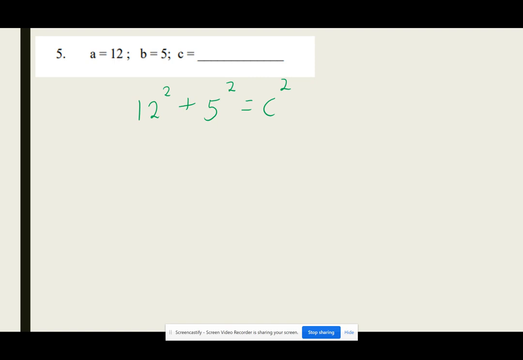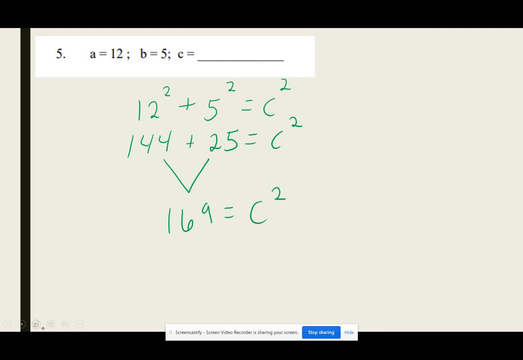And we're going to do the same thing that we did in the problems before with pictures. Okay, 12 squared is 12 times 12, which is 144. 5 squared is 25. We're missing C squared. These two are on the same side, so I can combine those together to get 169.